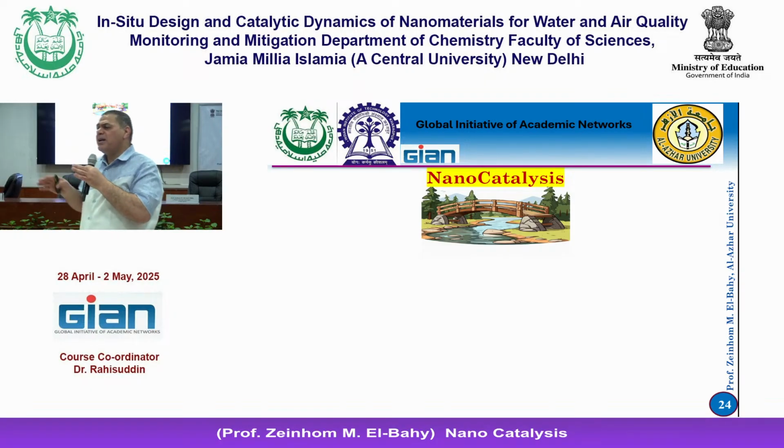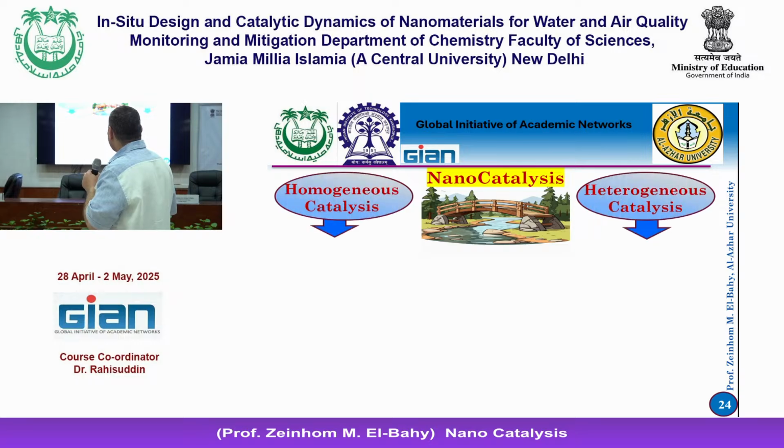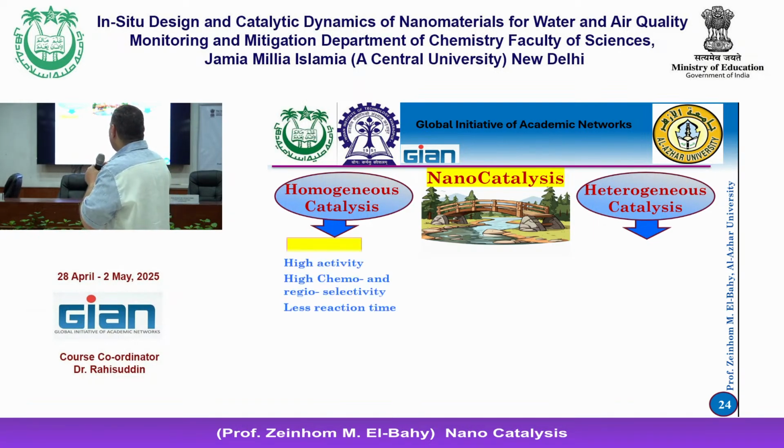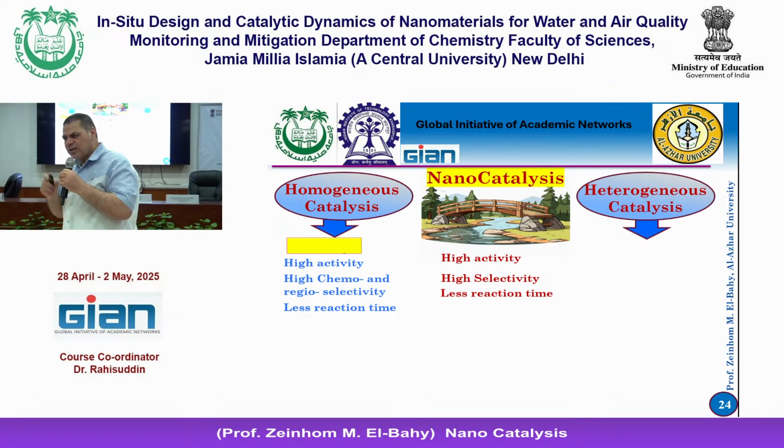Nanocatalysis is a very important bridge between homogeneous catalysis and heterogeneous catalysis. How come? The advantages of homogeneous catalysis are high activity, high chemo- and regioselectivity, meaning high selectivity, and less reaction time. Reaction time is quite fast, meaning high rate.